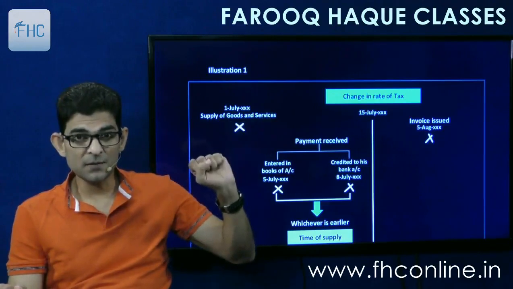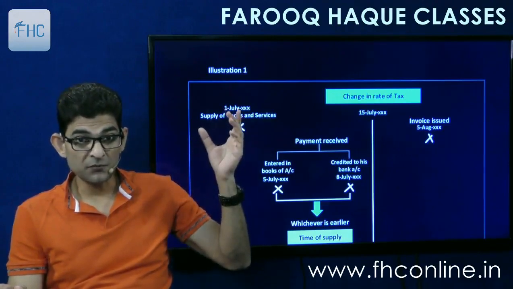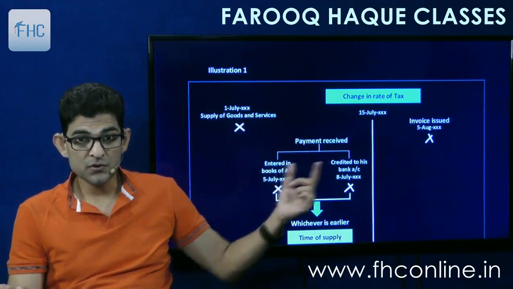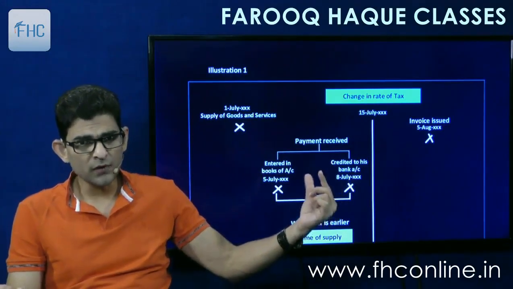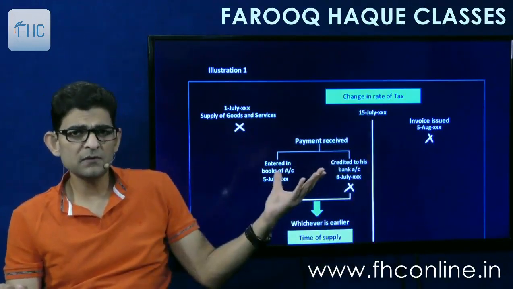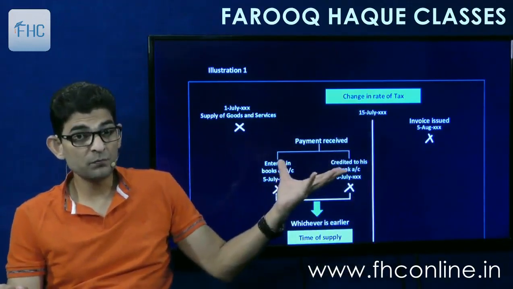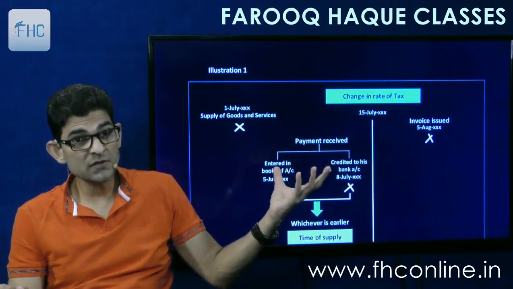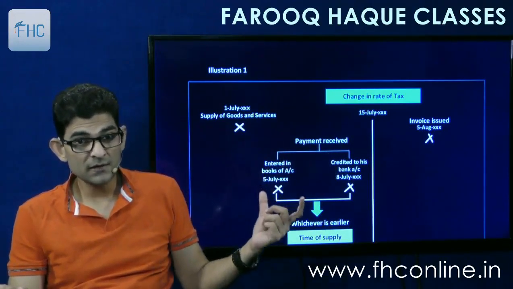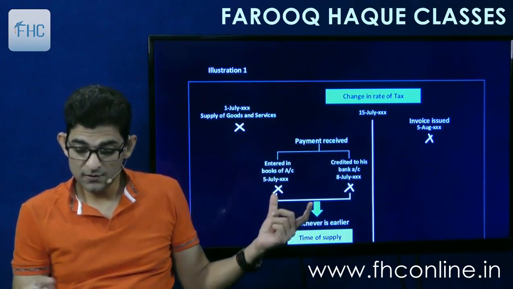Now in the first example, supplies before, and in case of receipt, entry in books and credit in bank, both as you can see are before the change. This is the change line, and both of the two are happening before. So if both are happening before, you will take whichever is earlier. Entry in books or bank credit, whichever is earlier, will be taken as the receipt.